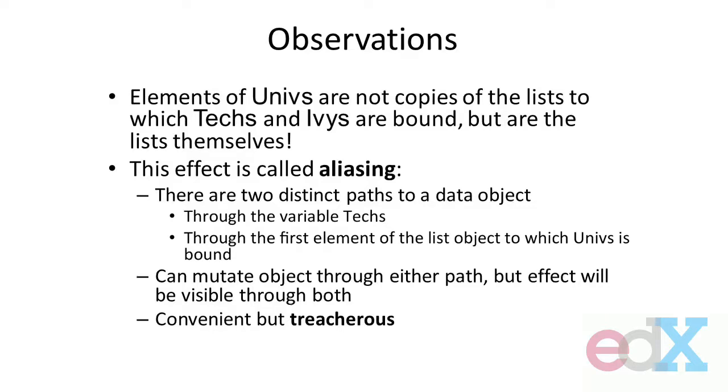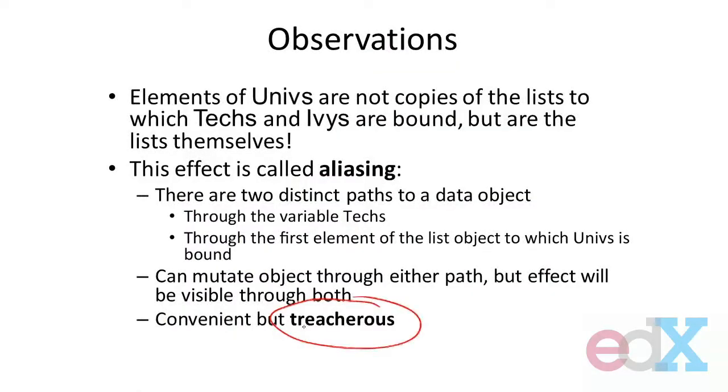And one of the effects of that is that I can mutate an object through either path, but the effect will be visible to both. And I just saw that back here, right? When I mutated text, univs changed. That sharing of data is really important, and that mutation, that ability to change things, is really important. This is very convenient, but it also can be really dangerous.